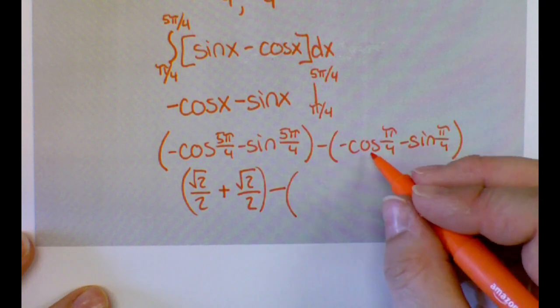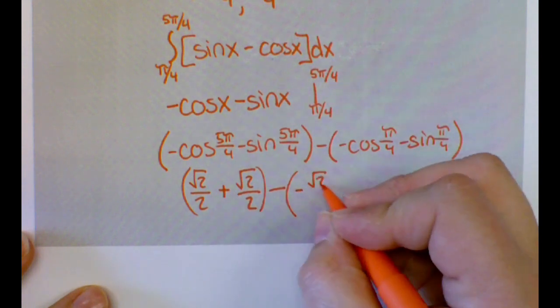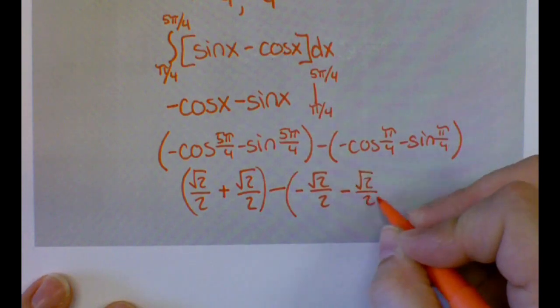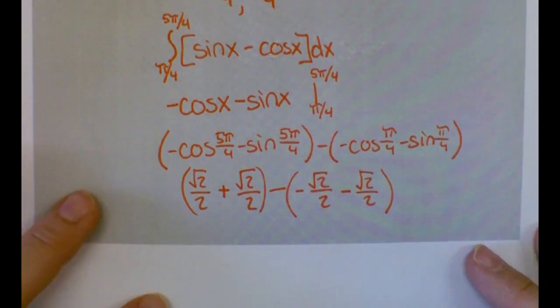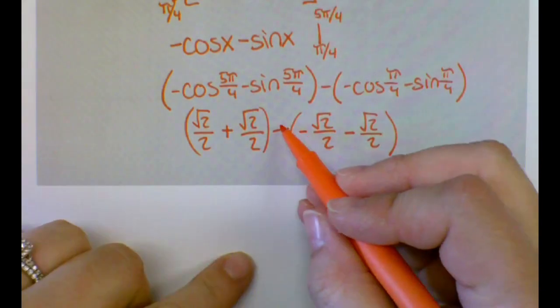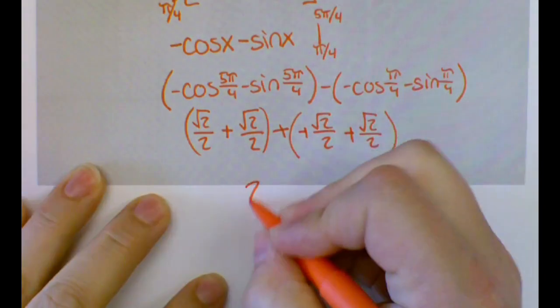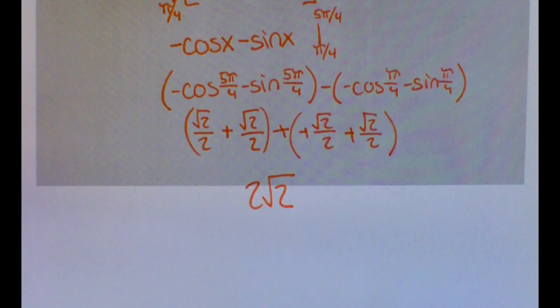Cosine of pi over 4 is positive, so that's going to be negative square root 2 over 2. Sine of pi over 4 is also positive, so there we go. Let's change all those signs. I have 4 times square root 2 over 2, which is 2 square root 2. There's my area, and then it's repeated, obviously, over and over.